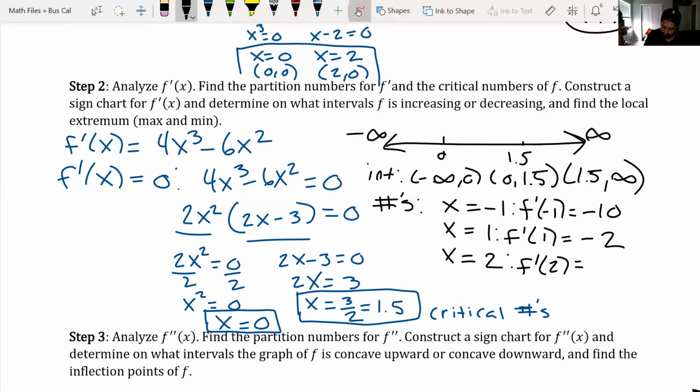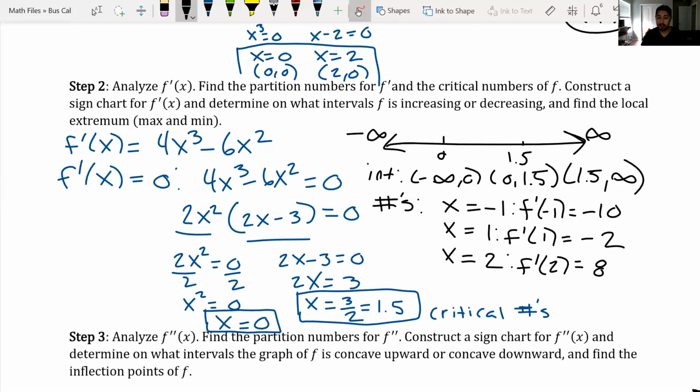And then 2, I get 8. There we go. Okay, cool.